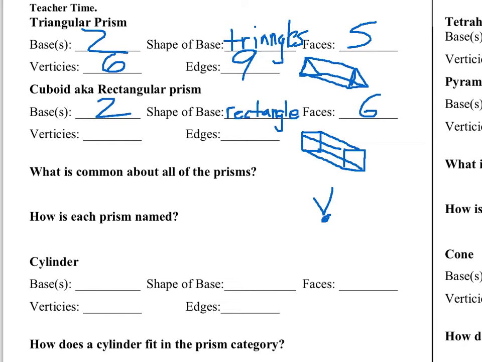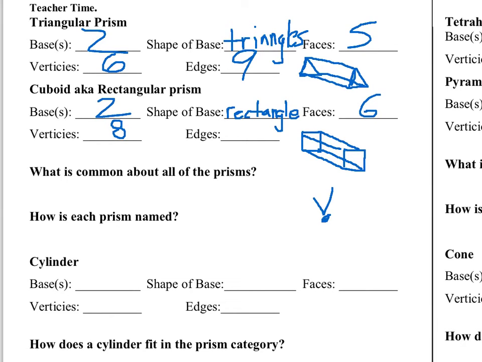Okay, so looking at vertices. Let's count them out. So I'm looking at my drawing. You can be looking at your three-dimensional shape. That's totally fine. I count 1, 2, 3, 4, 5, 6, 7, 8. 8 vertices.